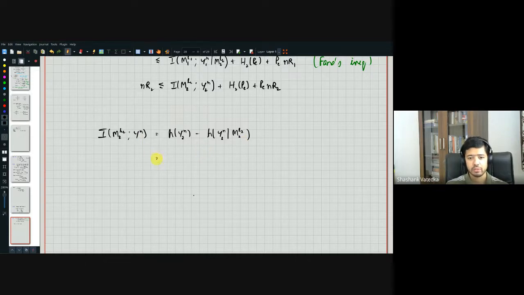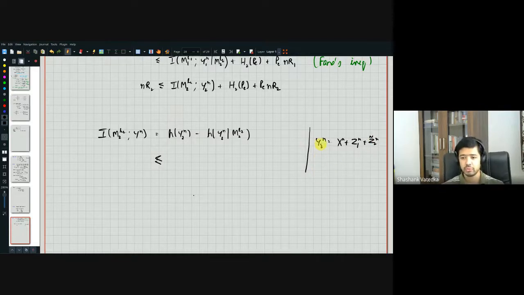All right. So let's start with Y2^n. Y2^n is essentially X^n plus Z1^n plus Z2-tilde^n.